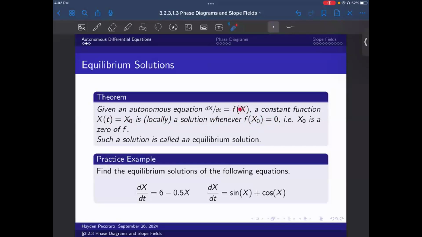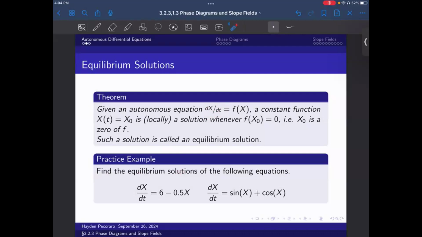If you plug in a number instead of a function for x, and you get 0 out, literally the 0 function, then we call that a zero of f, and it ends up being a solution of this differential equation. I say locally here because you could have discontinuous functions where they are constant on some interval, but most of the time you won't have to worry about those. It's just something to be aware of.